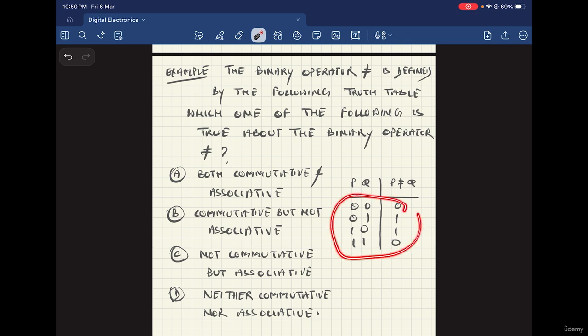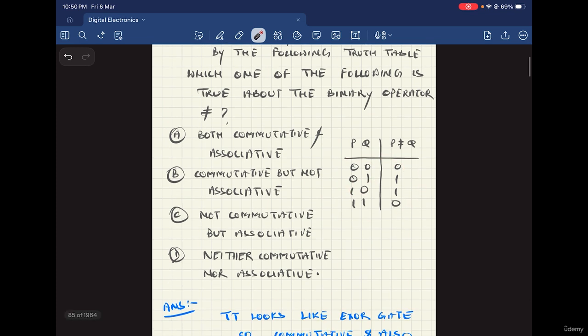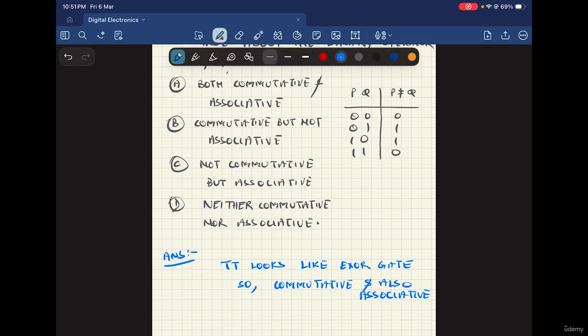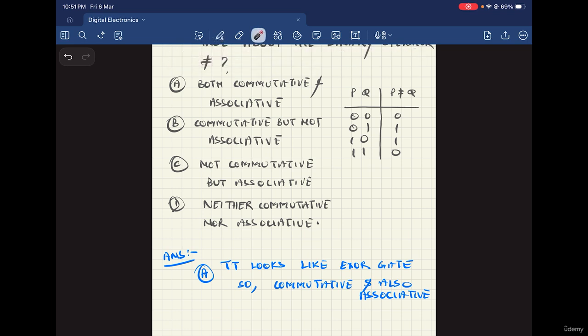This is an XOR inequality detector, so it looks like an XOR gate, so commutative and associative both. So the answer will be A.